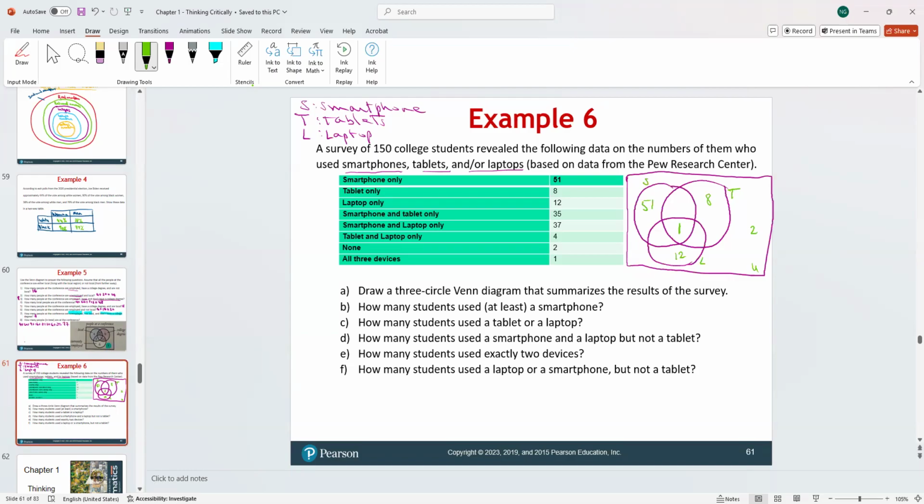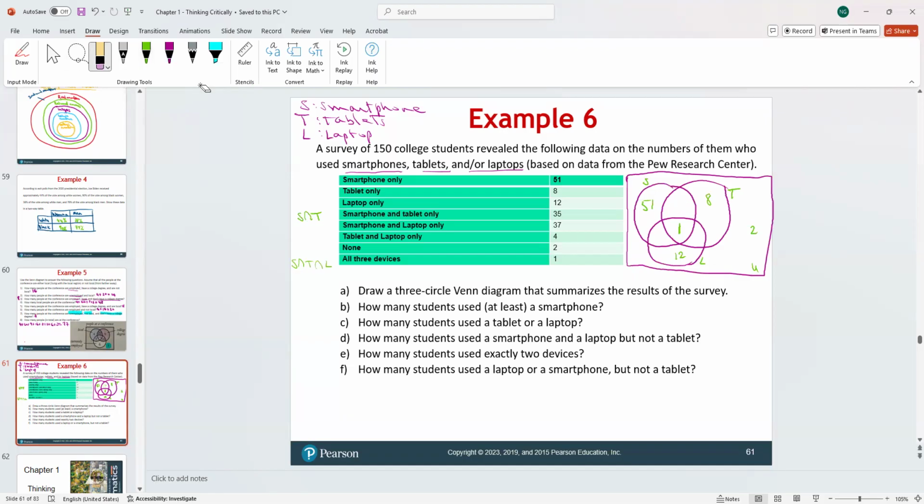Now they said S intersect T. So wherever you see S, because all three is S intersect T intersect L. So all three. But S intersect T is 35. S intersect T is 35 right there. But I cannot put 35 because I already put one.